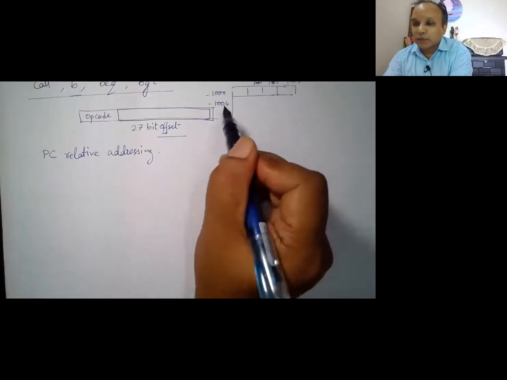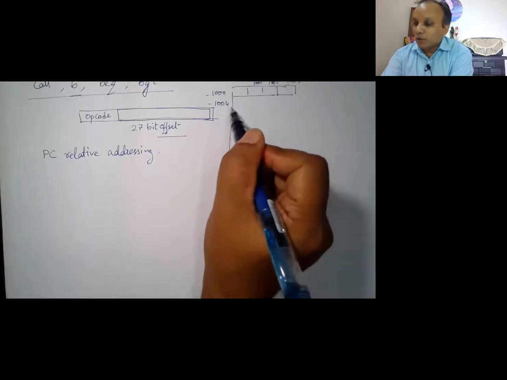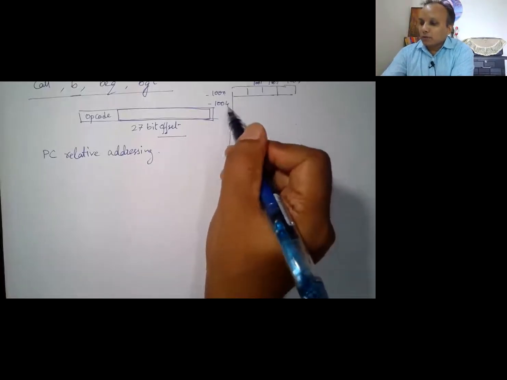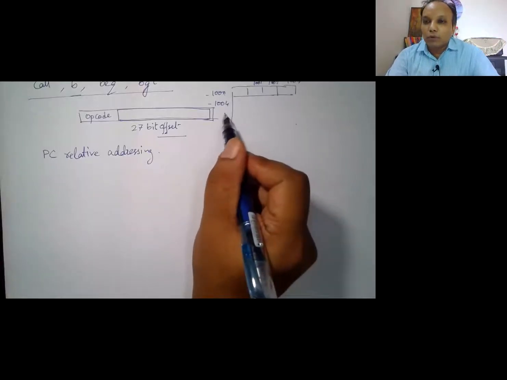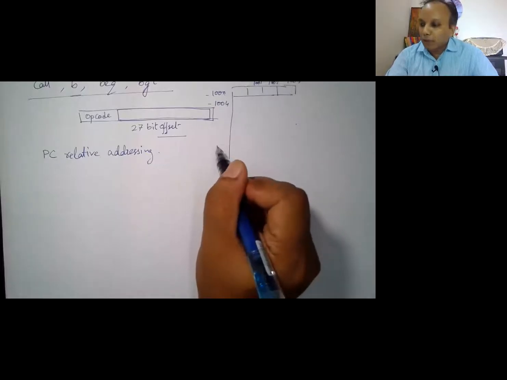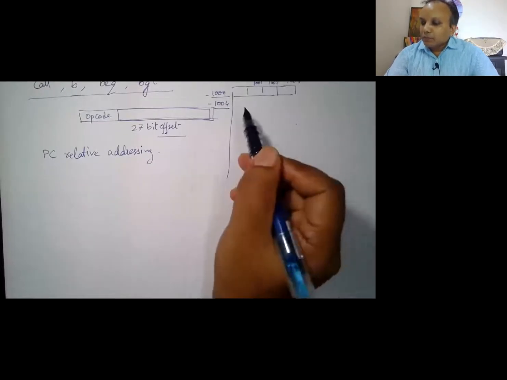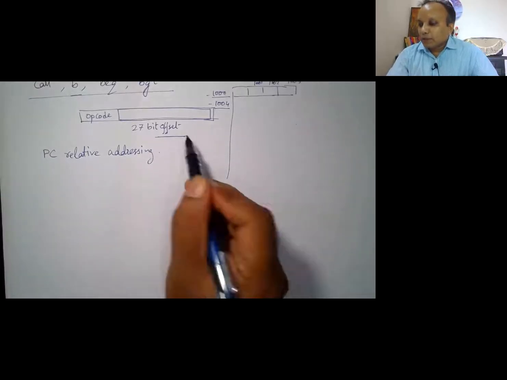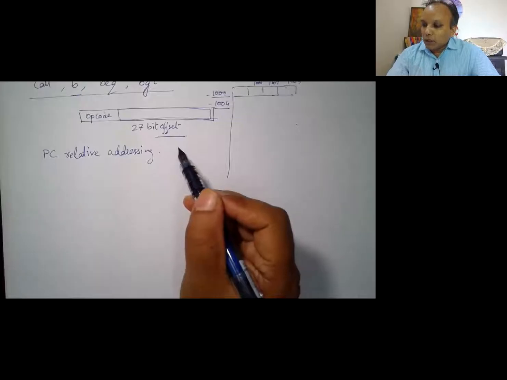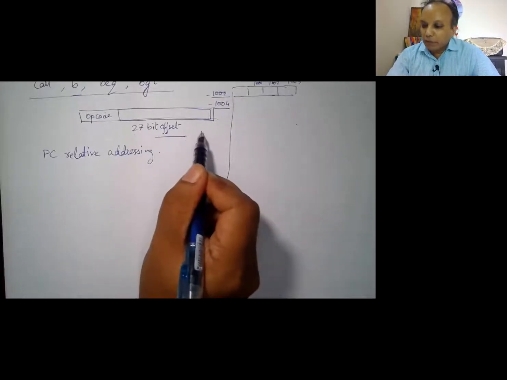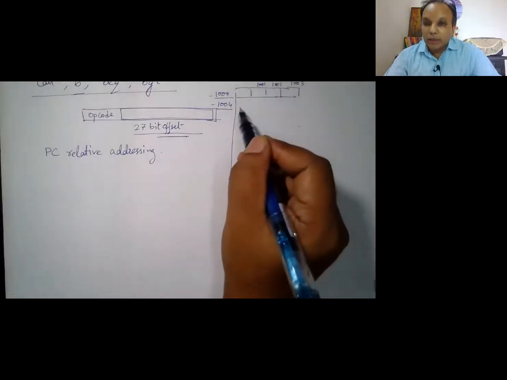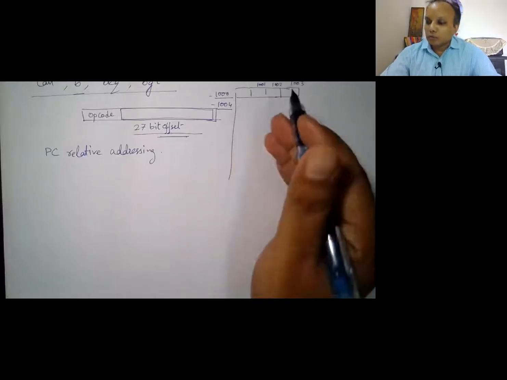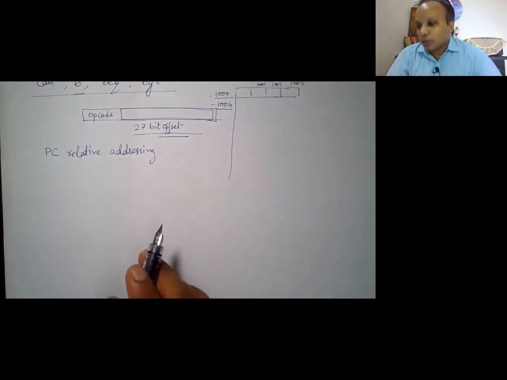That means the least significant 2 bits will always be 0, because if a number is always a multiple of 4, the least significant 2 bits are always 0. What is 4? 100 in binary. So you can say that within these 27 bits, the offset represents the actual address, which you can get by multiplying it by 4, or shifting it by 2 digits.